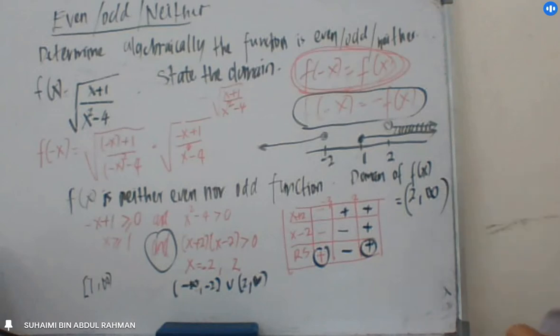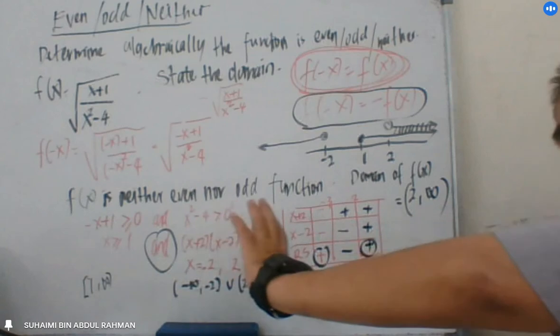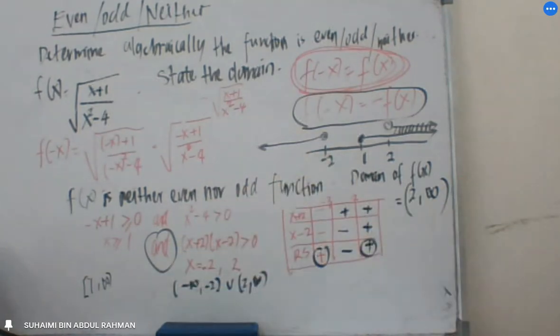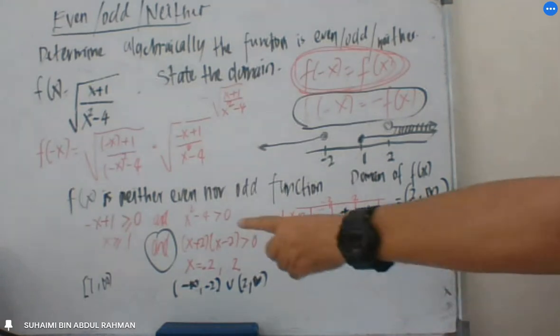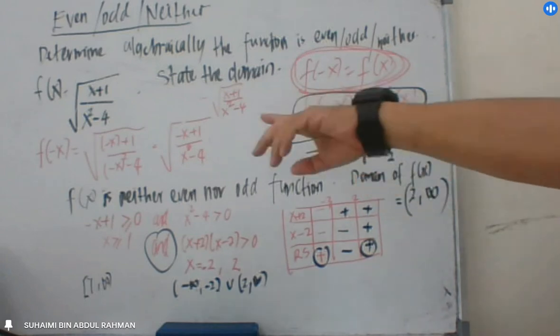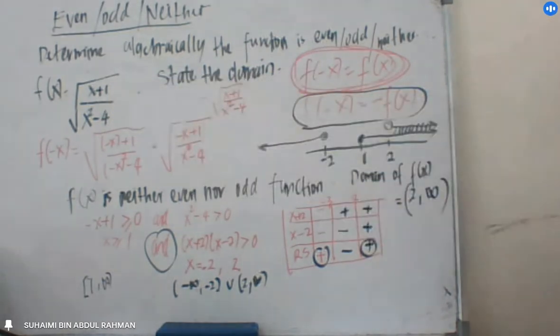Positive infinity is always not including. And this is the domain, because of the connection between left and right, and because we have two parts, one for numerator and another for denominator.